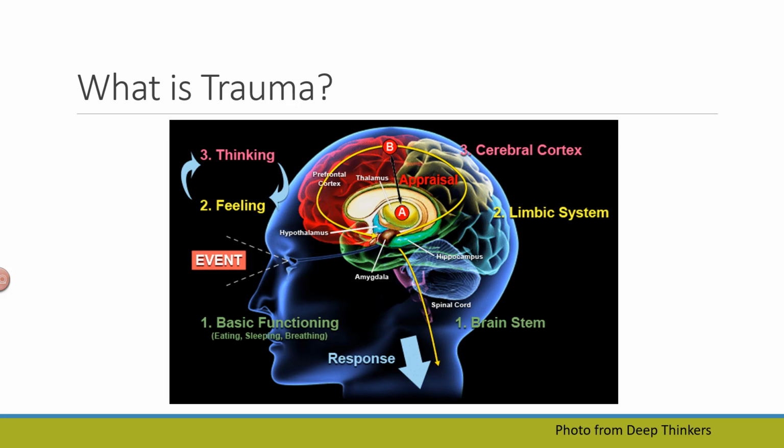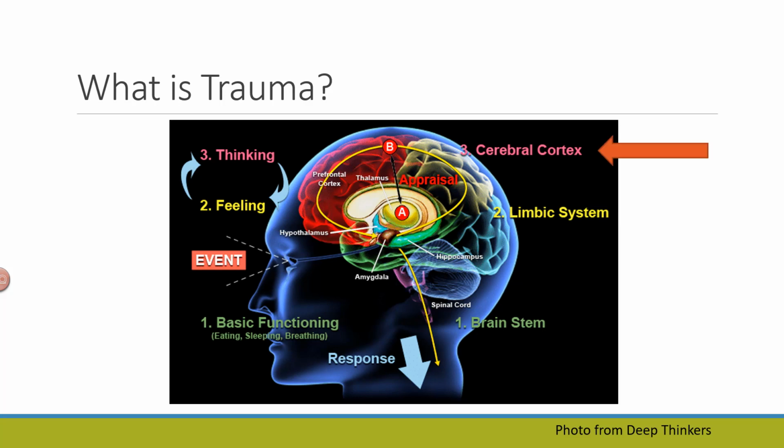To better understand trauma, we must first look into how the brain and body react. We can separate the brain into three categories for trauma explanation. The reptilian brain, or brainstem, that provides basic bodily functions. The limbic system, that is instinctive and deals with fear and pleasure.